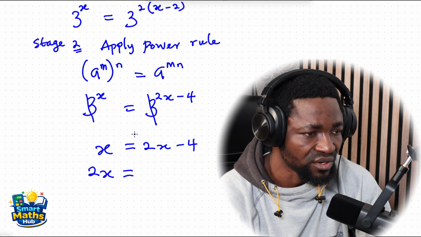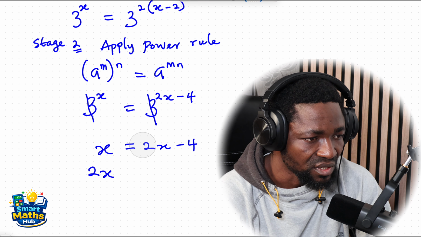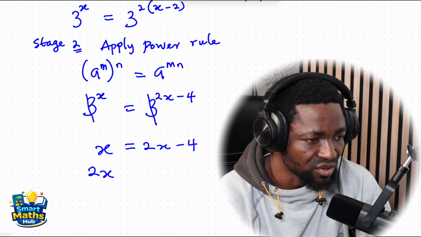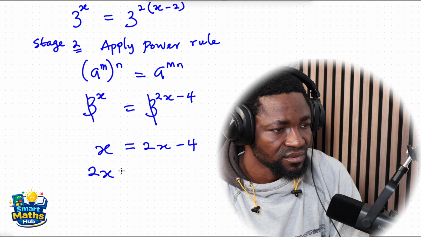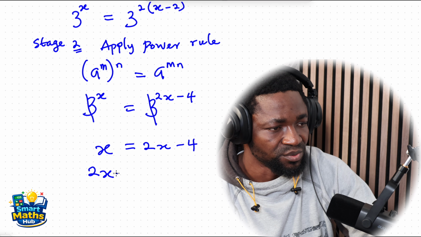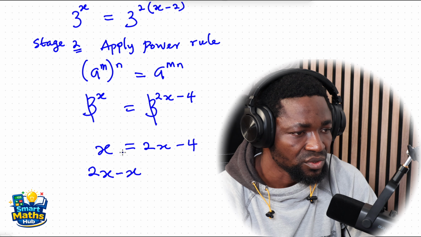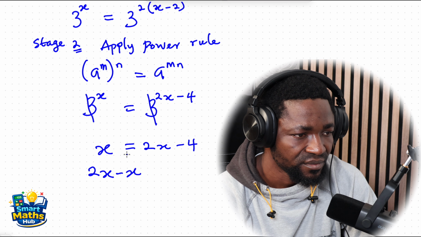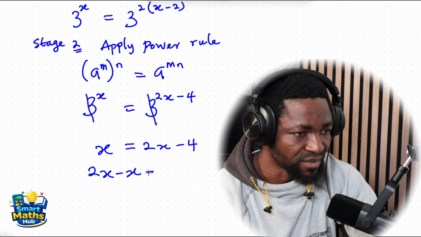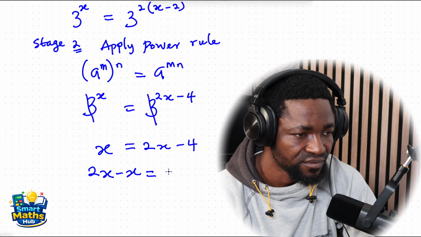I forgot that I have another x here, so that one returns to minus x, because the positive sign moves to the other side and changes to minus. Then the minus 4 goes to the other side and changes sign to 4.